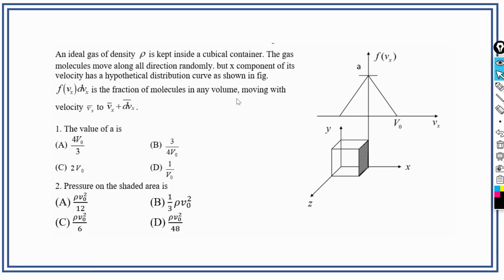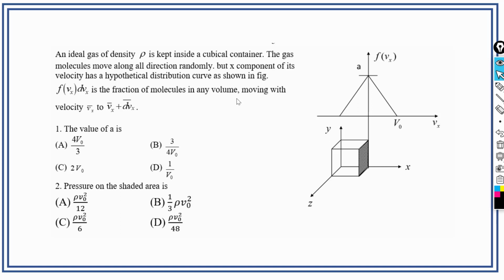So by this time, you have read the question statement. You have guessed that it is a question from the Maxwell-Boltzmann velocity and speed distribution graph. And so in your course, if you have studied this velocity and speed distribution graph properly, then you can definitely solve this question.